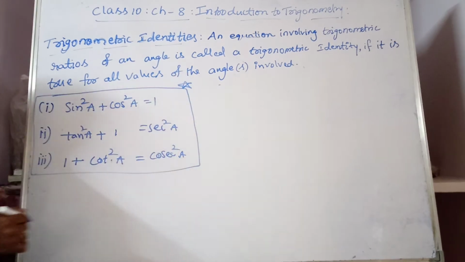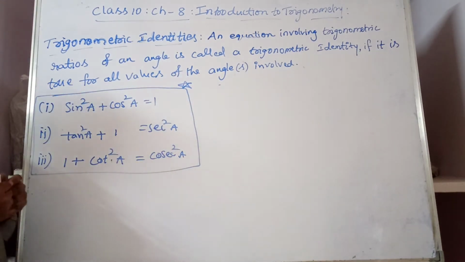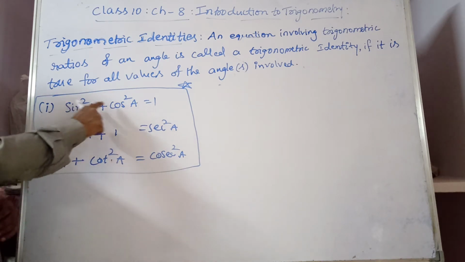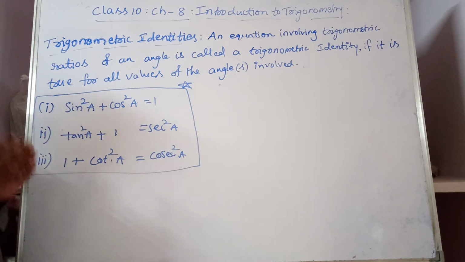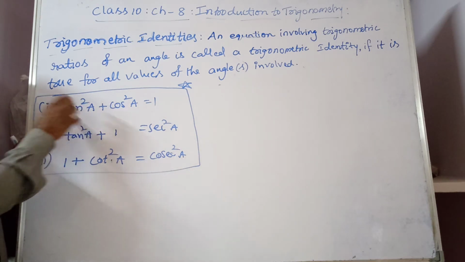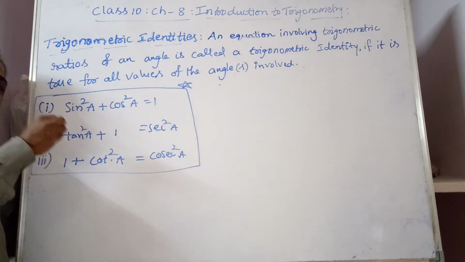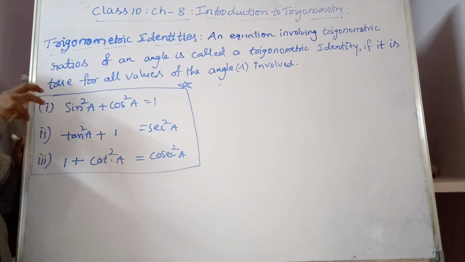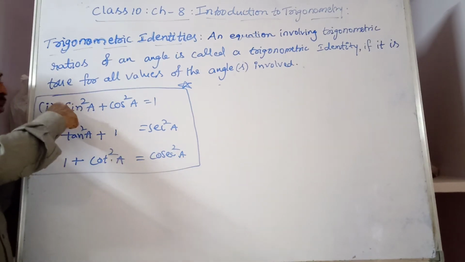What are these trigonometric identities? What is the meaning of sin square A plus cos square A is equal to 1? Sin A is the sine trigonometric ratio with respect to angle A, whole square.